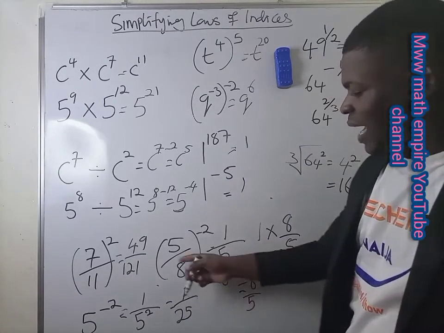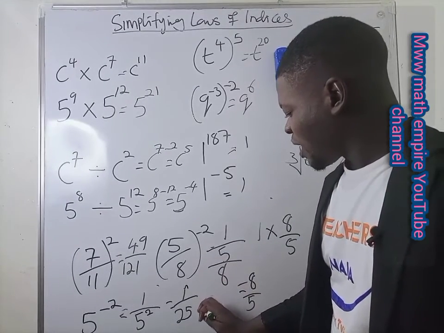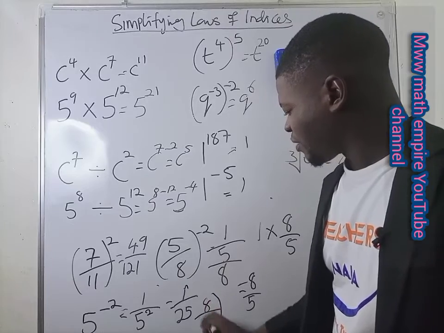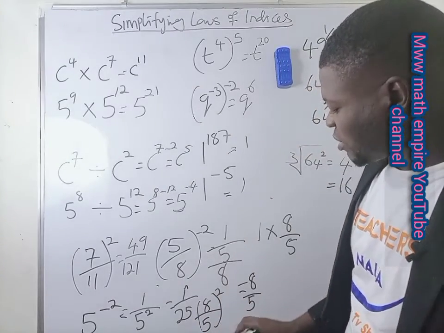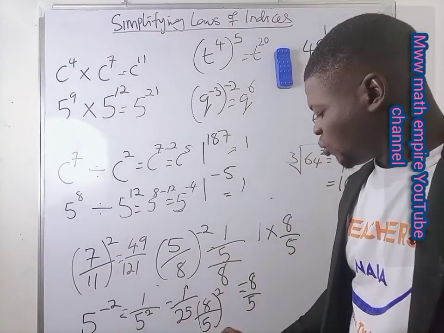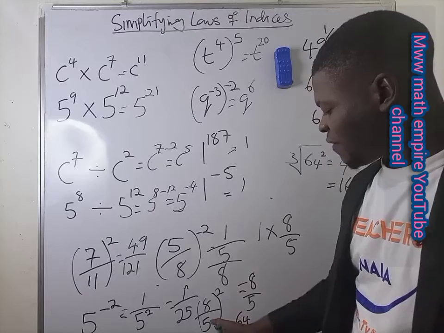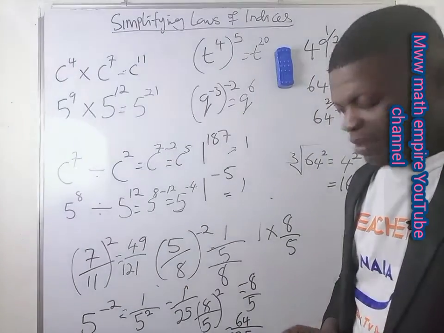That's the secret behind the turning upside down of this very thing. We will now have 8 all over 5 squared. Meaning that this becomes right now 8 times 8, which will be giving us 64, all over 5 times 5, which will be giving us 25.